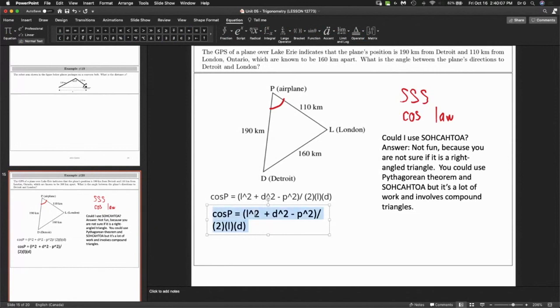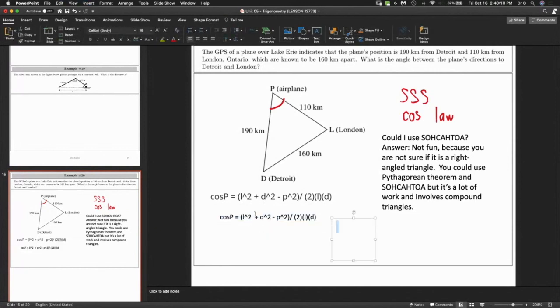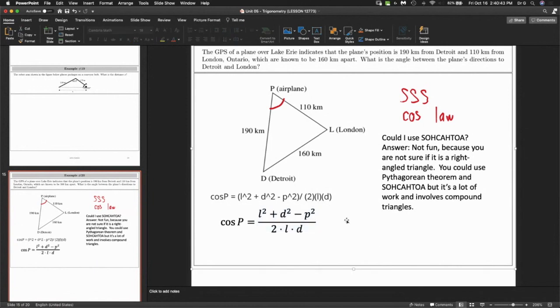There's nothing wrong with you, it's just the chat's funny. Okay, there's the formula.